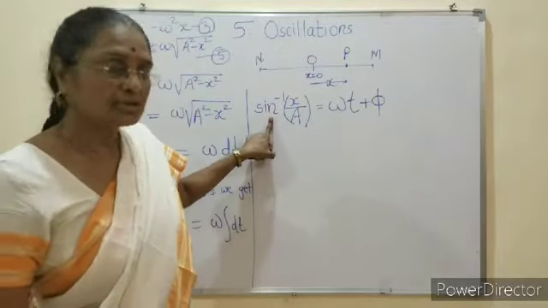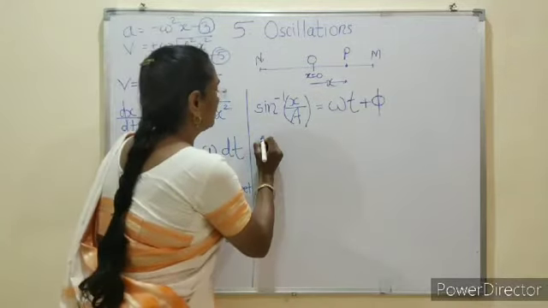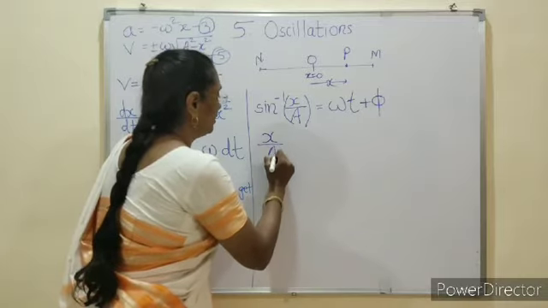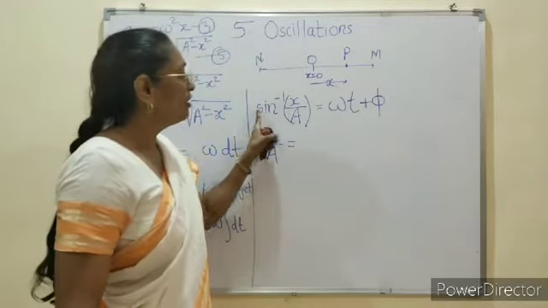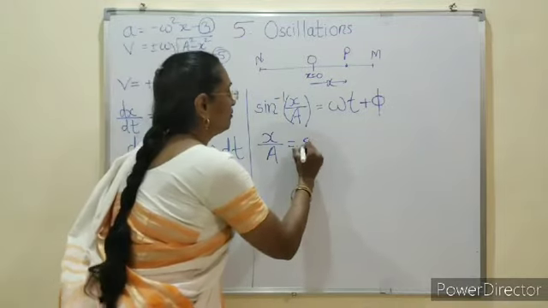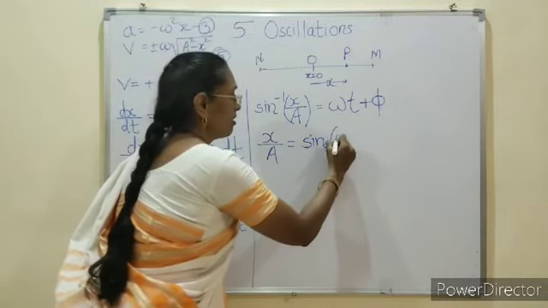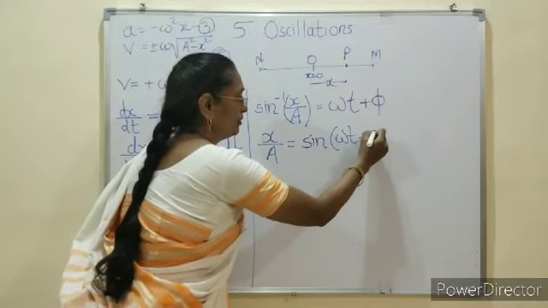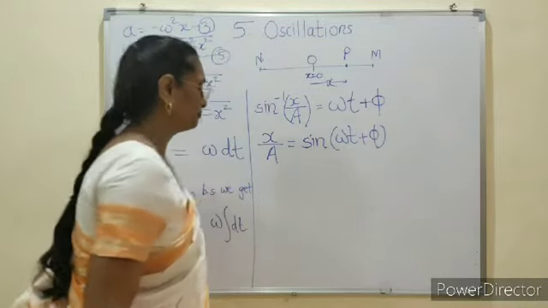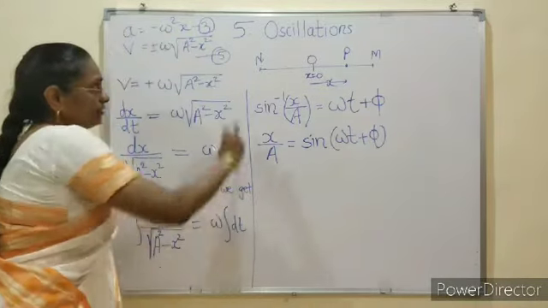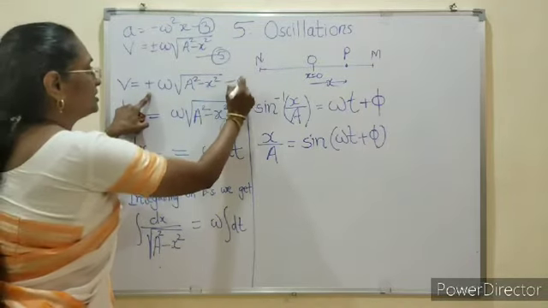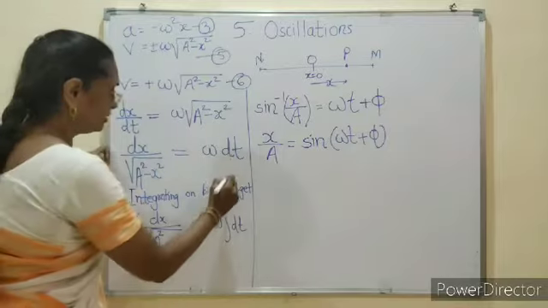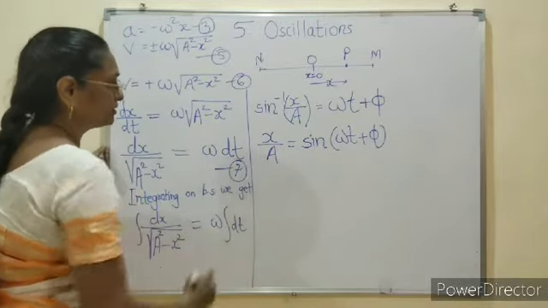Now from this equation we write x upon a is equal to sine inverse, and on the right side we write sine of omega t plus phi. Here we have started from equation 6, then variable separated 7.